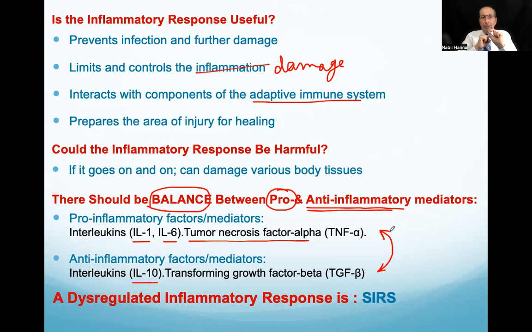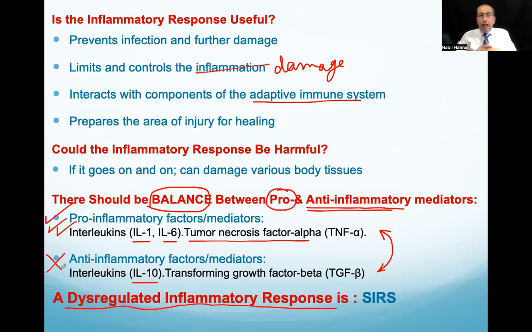What if we have a dysregulated inflammatory response for a reason or another? What if you only have pro-inflammatory mediators, and you don't have anti-inflammatory mediators?